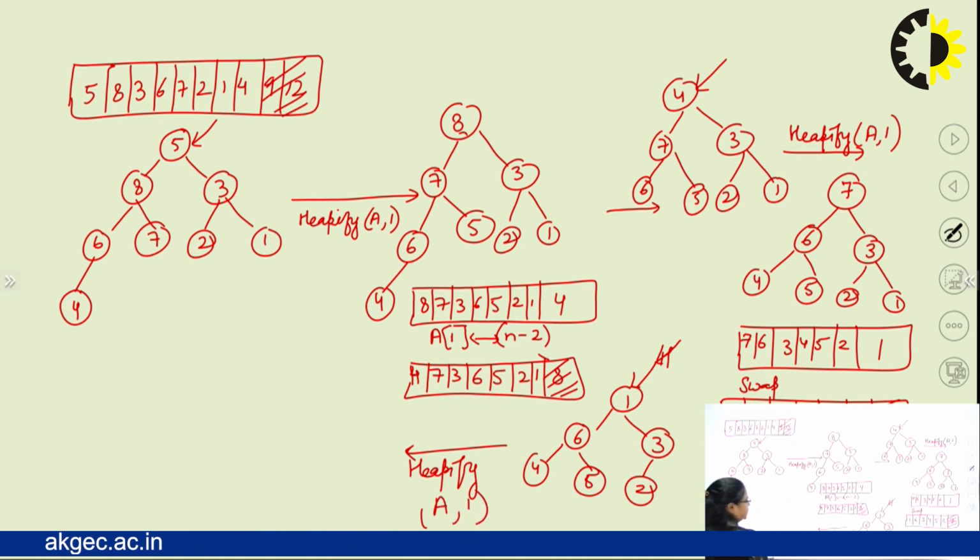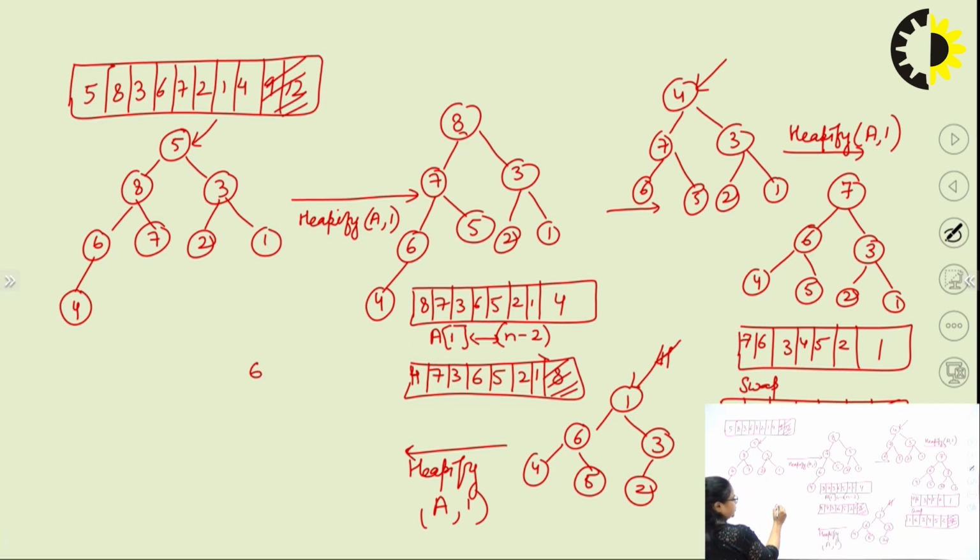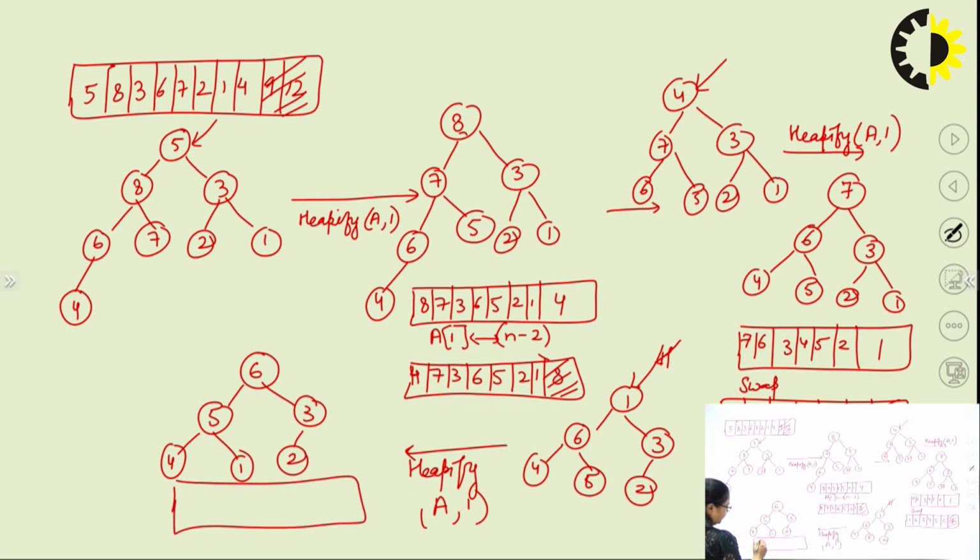When we call it, it will swap with the 6, again it will swap with the 5. So it will become 6, 5, 4, 1, 3 and 2. Build a heap. 6, 5, 3, 4, 1 and 2.